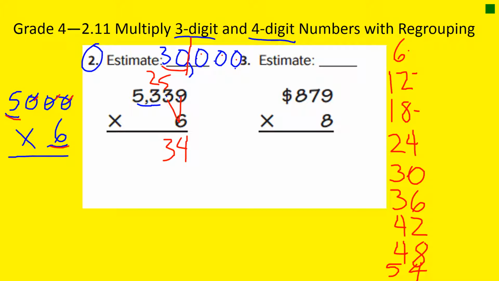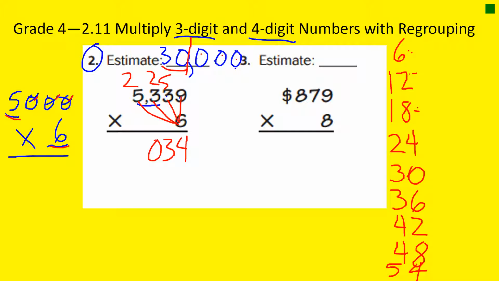Okay? So we go to 6 times 3 is 18 again plus 2. 18 plus 2 is 20. Okay? Then the last one, 6 times 5.